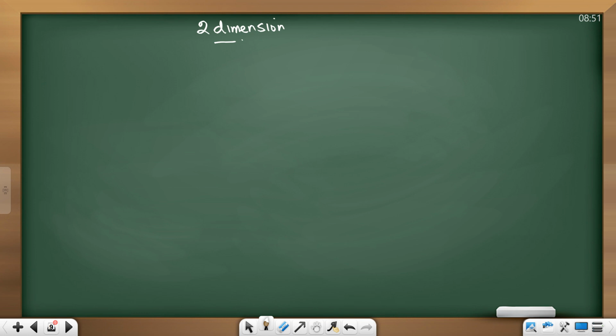Now, when I say 2 dimensions, it means one is going vertically and the other one is going where? Horizontally.